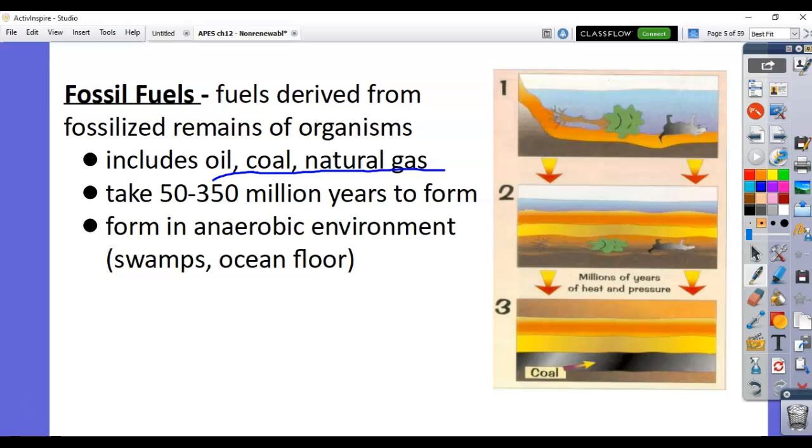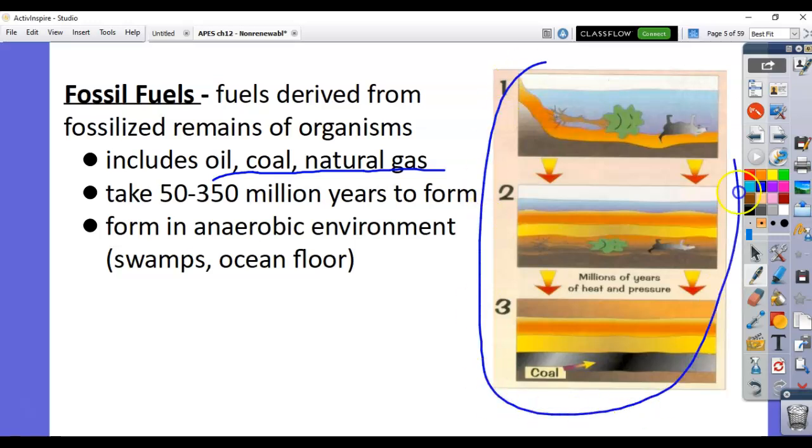What typically happens, if you take a look over here, we get dead tree and animal. I know some poor person did this cartoon with a frowny face and a tree. And then they get covered up by dirt, by plants, and then over millions of years, heat and pressure in just the right conditions, they end up forming.